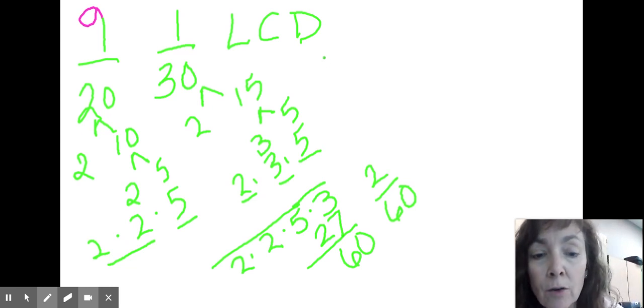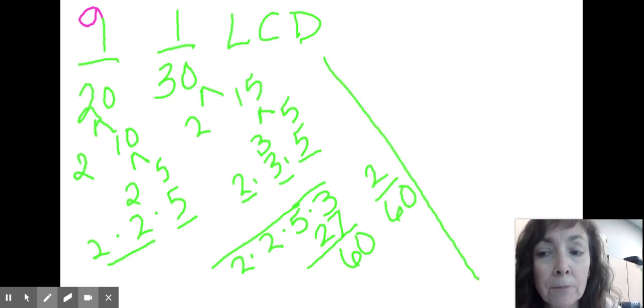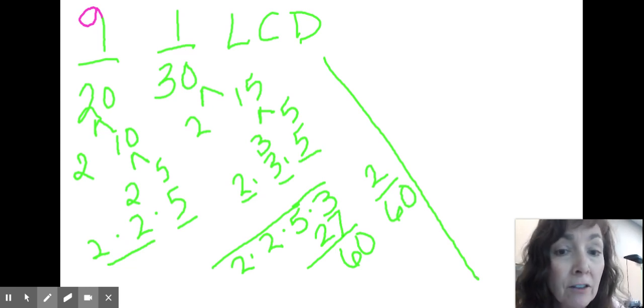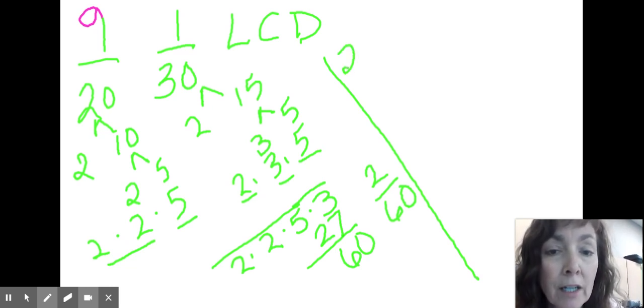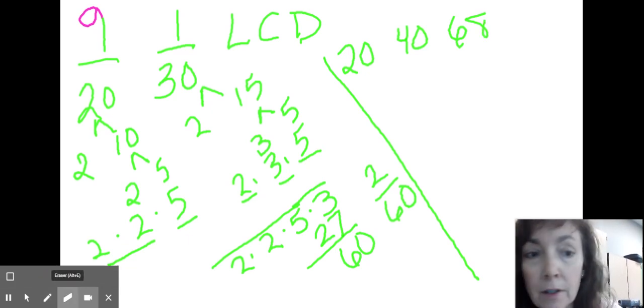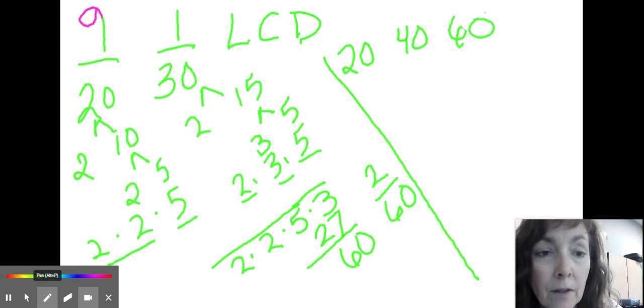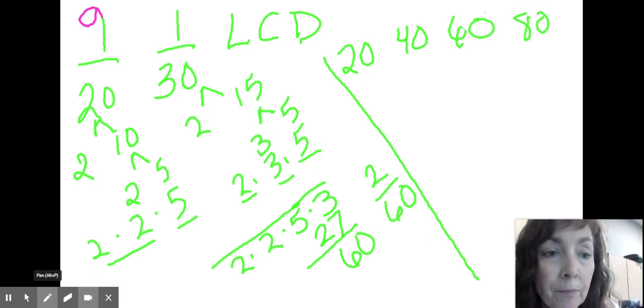So let me show you one other way of getting to the same answer. If I look at 20 and I start to do, instead of factors of 20, I do multiples of 20. I could have 20, 40, 60, 80, etc., right?